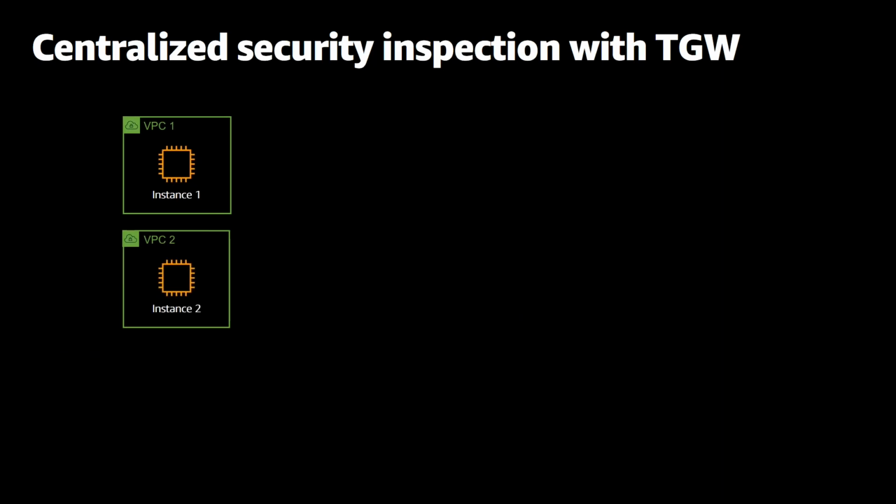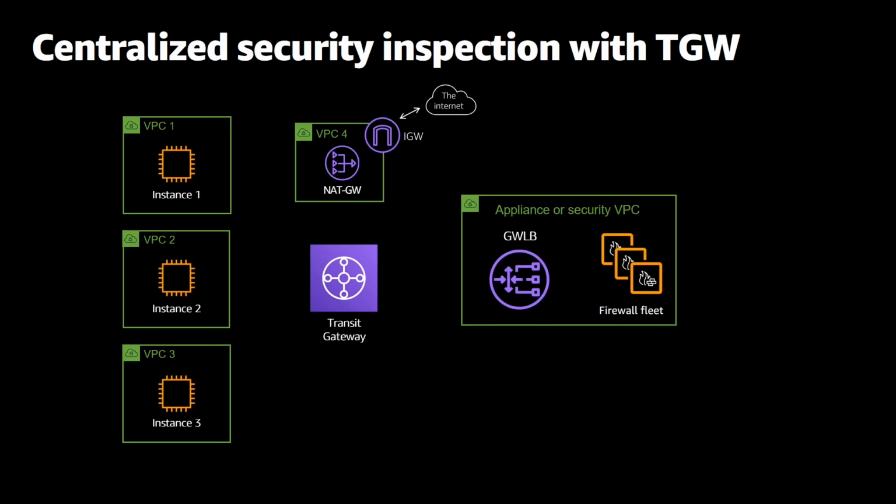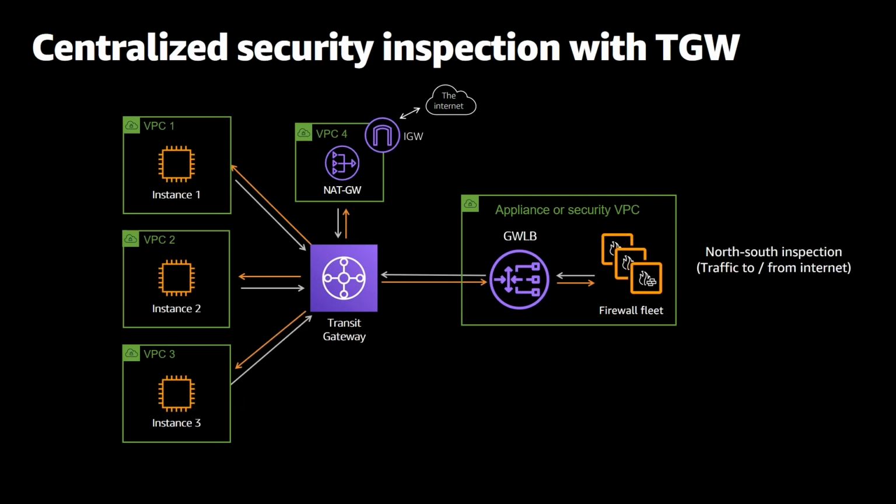Centralized security inspection with TGW. So I have a couple of VPCs again. Now I'm using a NAT gateway with an internet gateway, my transit gateway in the middle, and then my appliance or security VPC. Same thing here, nothing changes other than the NAT gateway. Everything is going out via the NAT gateway, north-south in this case, right?